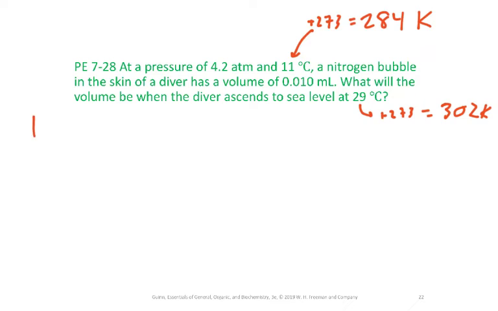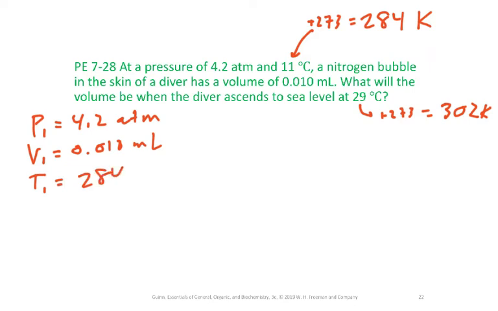All right, so P1 is 4.2 atmospheres. V1, 0.01 milliliters. T1, 284. Okay, and then P2. What is P2?